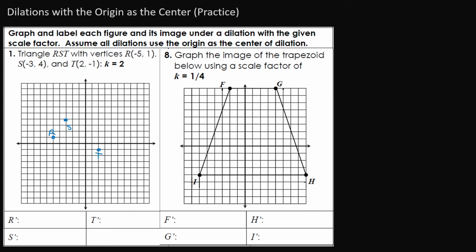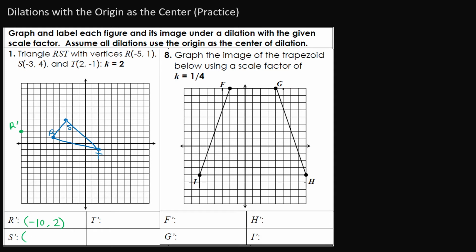Okay, so here is my resulting triangle. Now, if my scale factor is 2, that means I'm multiplying x and y values by 2. So R prime would be -5 times 2, which is -10, and 1 times 2, which is 2. R prime would be at (-10, 2).